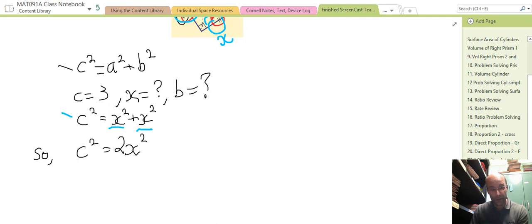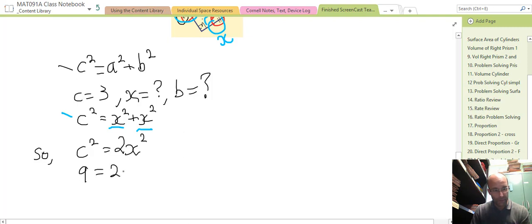So c squared equals x squared plus x squared, which is 2x squared. We know that c squared is 3 squared, which is 9. So 9 equals 2x squared. Divide both sides by 2. Alright, what you do to the left, you've got to do to the right. So dividing by 2, that'll be 4.5 equals x squared.